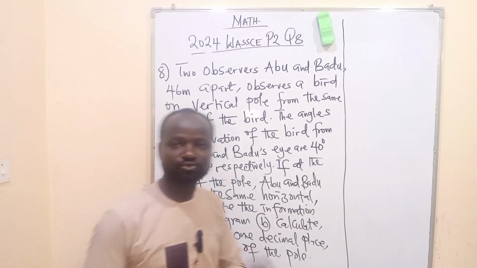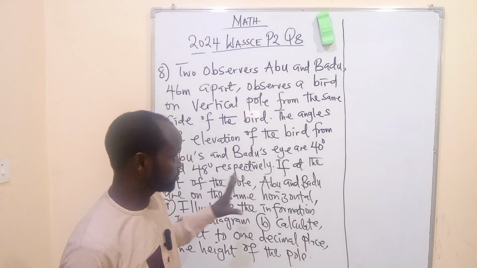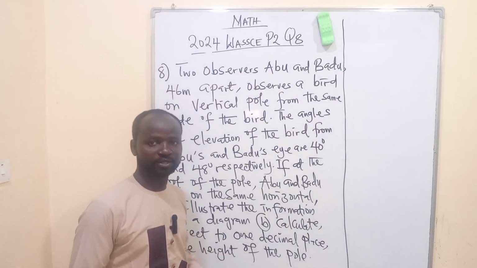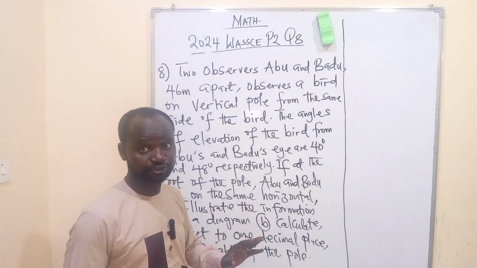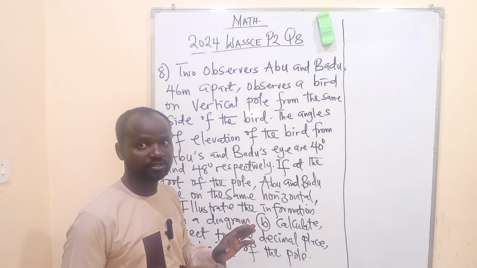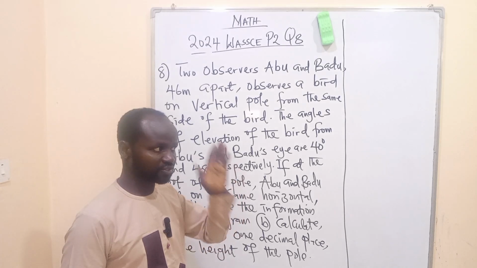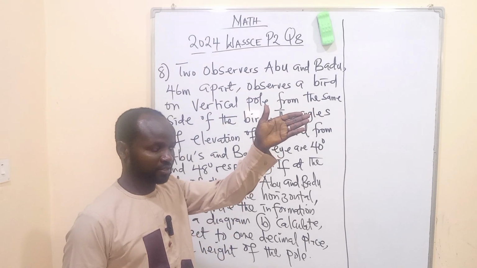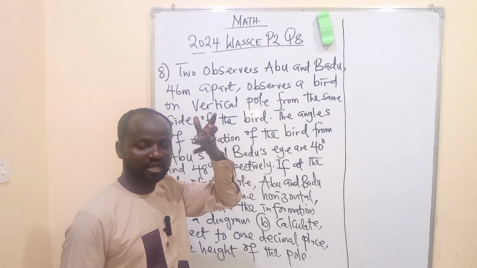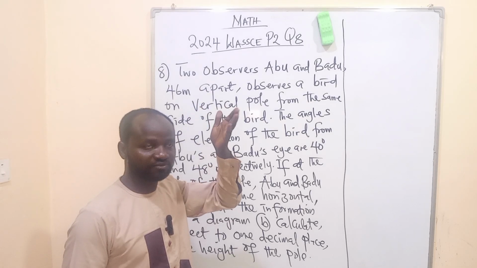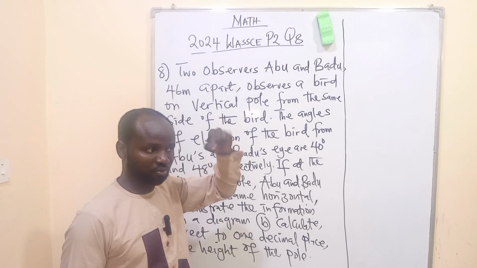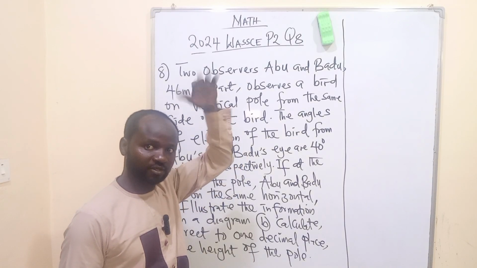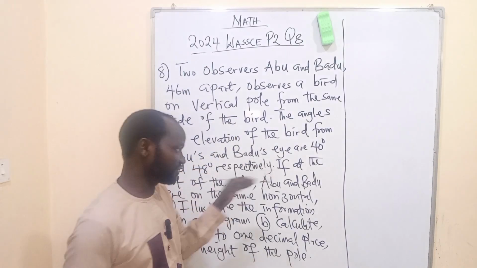The first thing for us to do is to identify which topic this question is from. Of course, this is from angle of elevation and depression. Naturally, human beings are supposed to see in a straight line. So anytime you want to look at an object above your head, you have to elevate your head, and the angle formed between the observer and the object above his head is what we call angle of elevation.